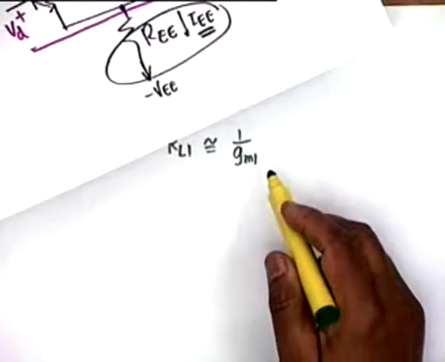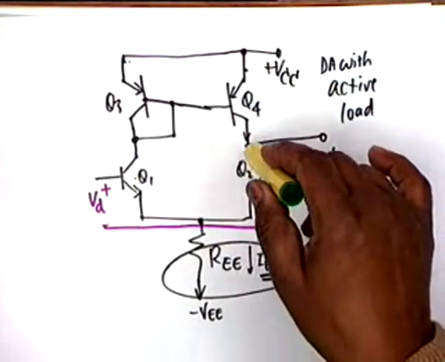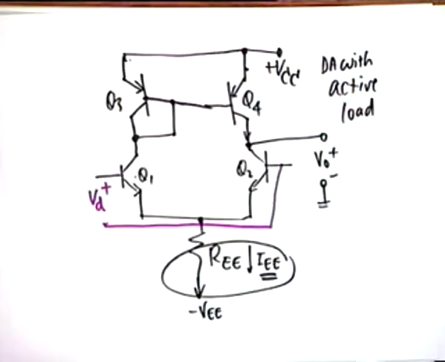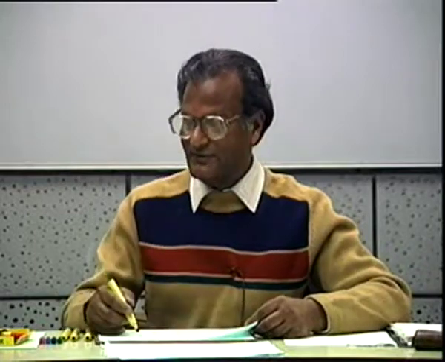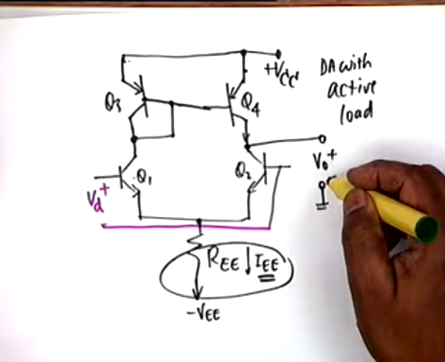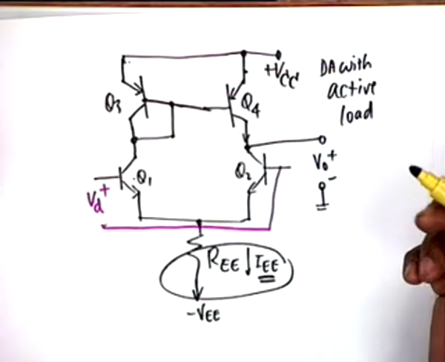This is approximately 1 by GM1 for Q1, and for Q2 approximately R02 parallel R04, and they are not identical. So the two gains are not identical, but still it does not matter. V0 acts as the output of a differential amplifier, and it has to be shown. The two AC loads are not identical. No longer they are RC.